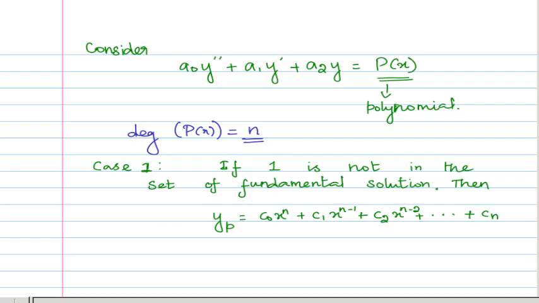This is your guess. What is the meaning? 1 is not in the fundamental solution means 0 is not a solution of the characteristic equation. This is your first case.